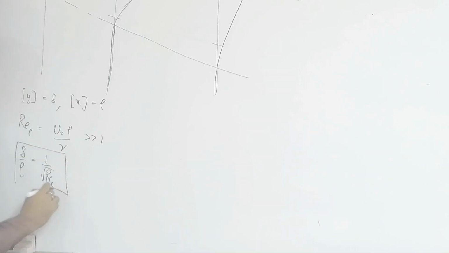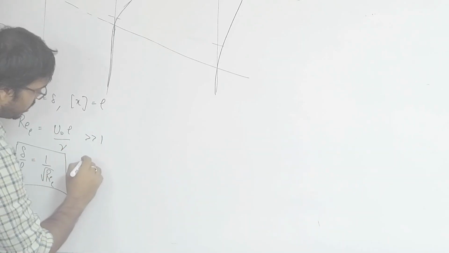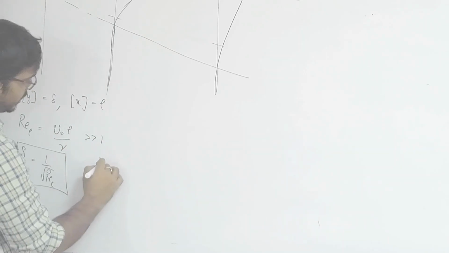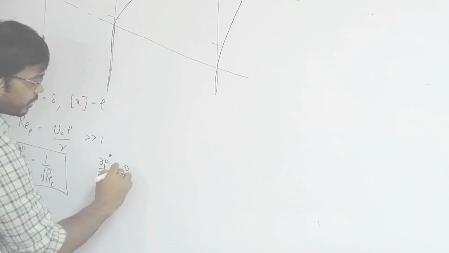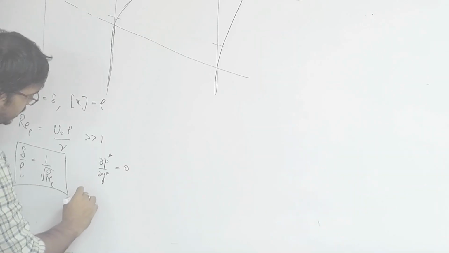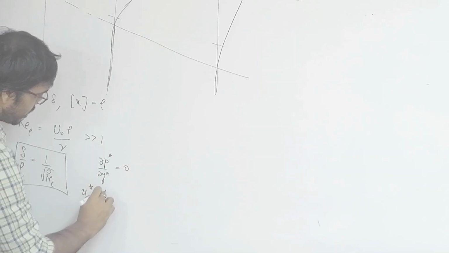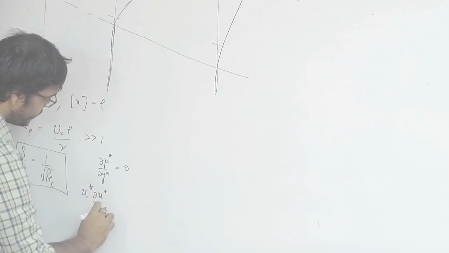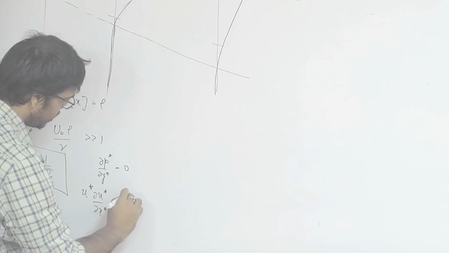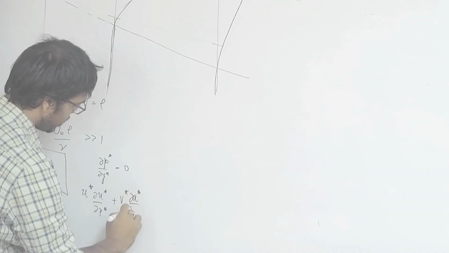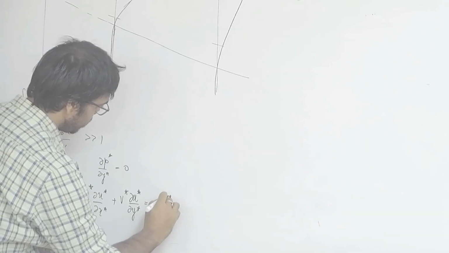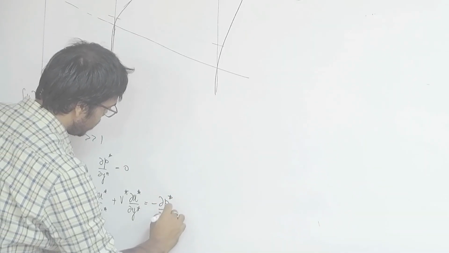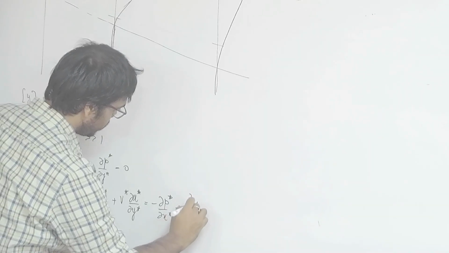Under this approximation, we had derived our equations: del P star over del Y star equals 0, and U star del U star over del X star plus V star del U star over del Y star equals minus del P star over del X star plus del 2 U star.